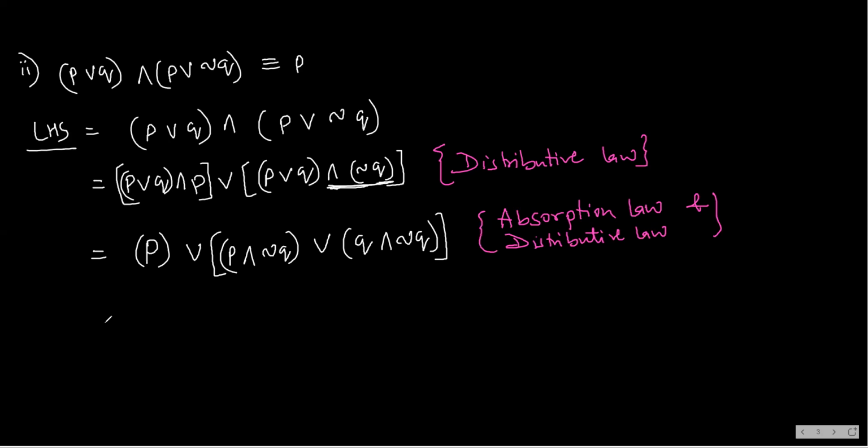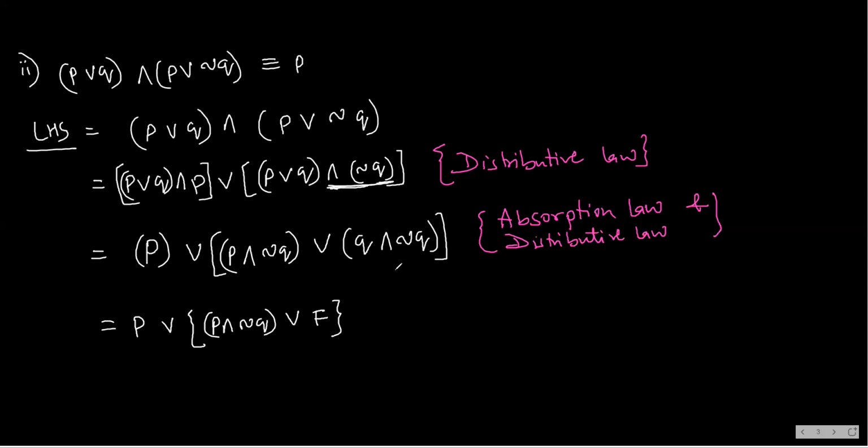Then we have P or, now check, this is P and negation Q, or, now Q and negation Q will always be false. Remember this will always be false. This is the complement law. Q and negation Q is always false.